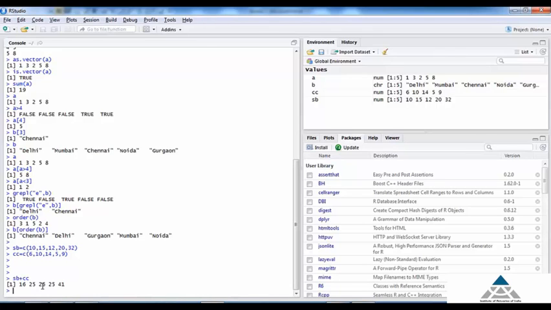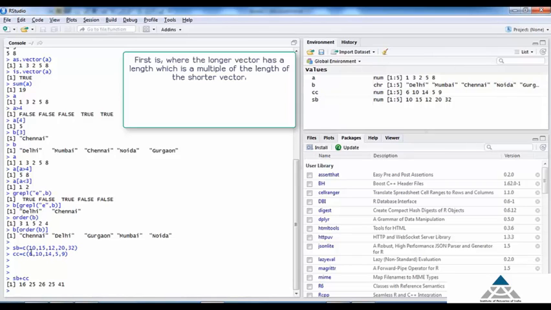Please remember that when we add, subtract, multiply or divide any two vectors, we must ensure that the length of the vectors is the same to get an appropriate output. In case we have different lengths, then two scenarios arise. First is where the longer vector has a length which is a multiple of the length of the shorter vector.